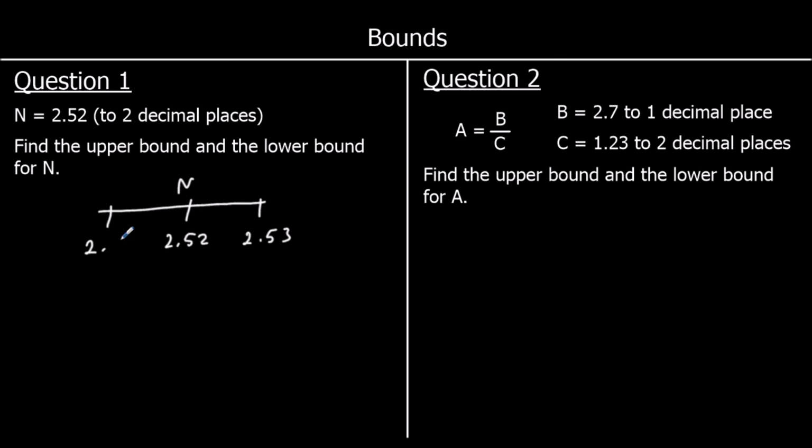The one below is 2.51. So the lower bound is 2.515, halfway between 2.51 and 2.52. And the upper bound, halfway between 2.52 and 2.53, which is 2.525.